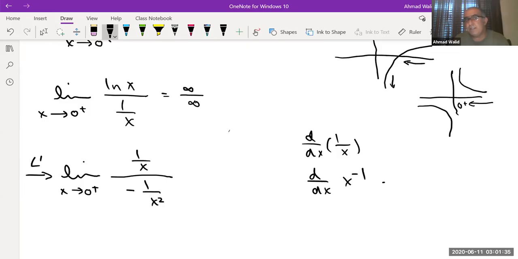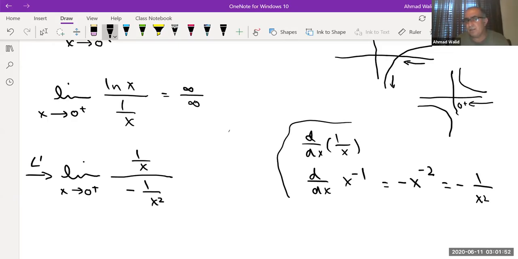If you take the derivative, it gives you negative x to the power of -2. And if you change the negative exponent back to positive, you can write it as -1 over x squared, right? Which I put here as the answer.